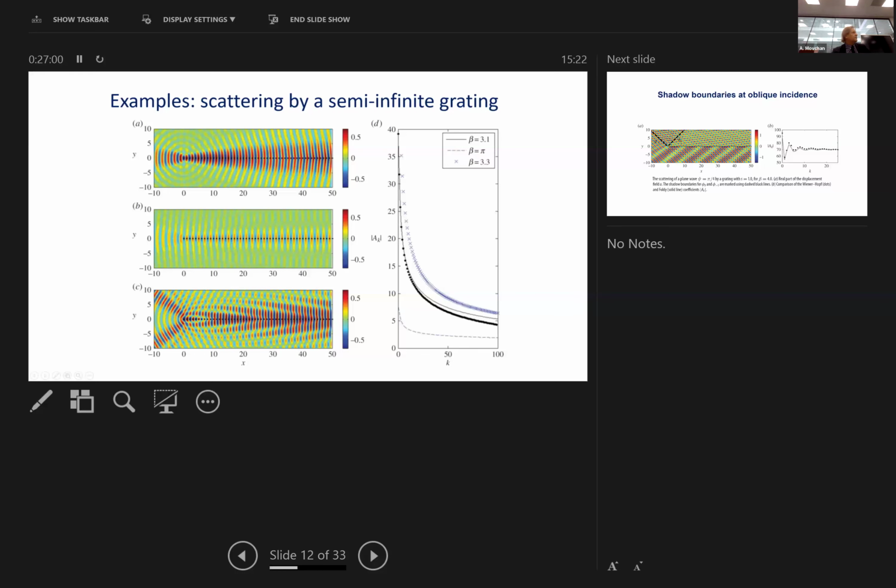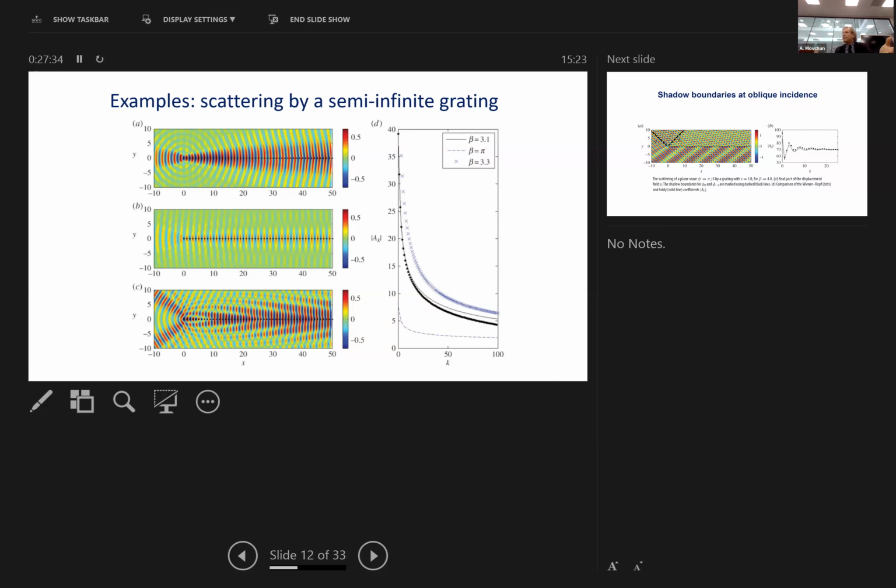In particular, for the case when beta is equal to pi, as you can see, reflection is negligibly small. So it's a regime where this grating acts like a waveguide. So it pretty much takes your wave and carries it along. But the message is, if you look at wave problems like that, and in particular, it's applicable to scattering.